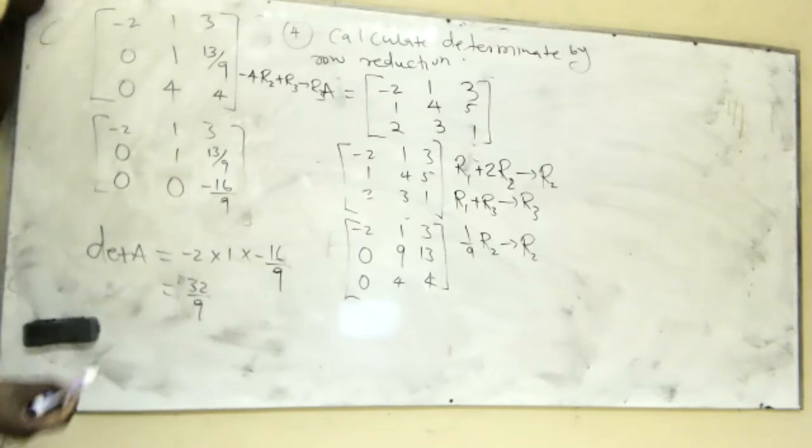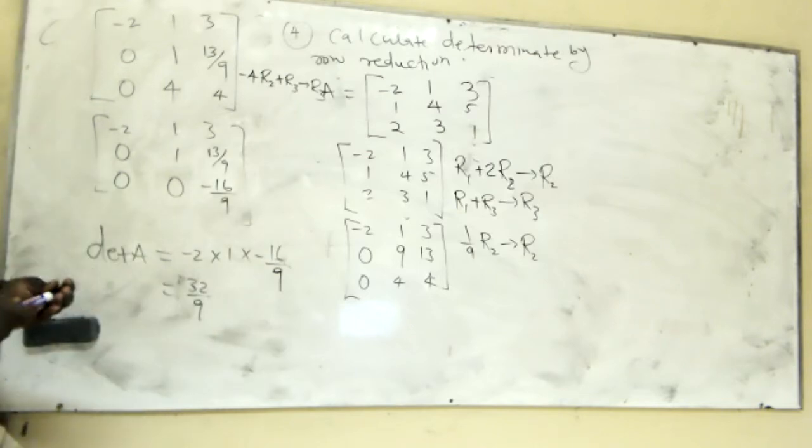Yes, so that is the answer for the determinant of A. This is when we are using the row reduction.